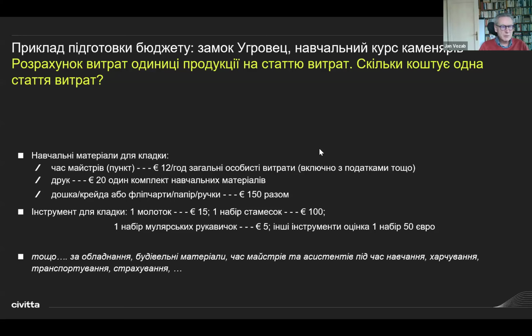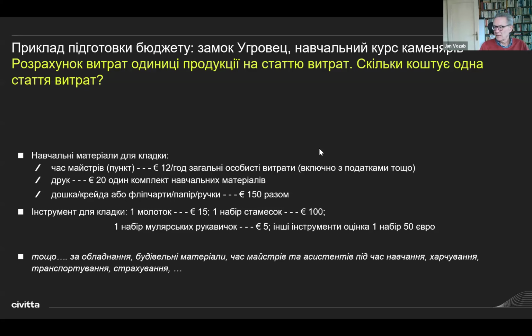Then you need the masonry tools, so you split the masonry tools into small cost items: hammers, chisels, mason's gloves, other equipment, and you attach a price tag to each masonry tool and calculate it all together, sets of tools for masons for 30 people.